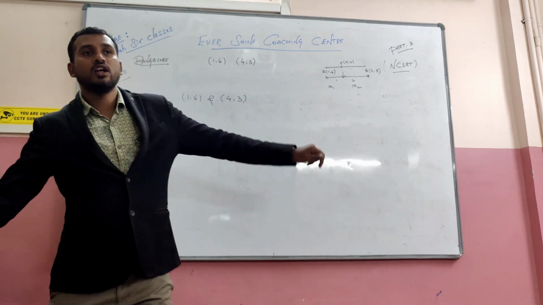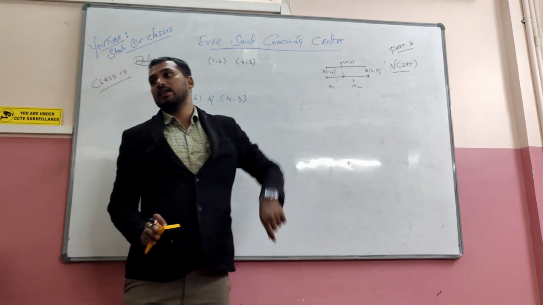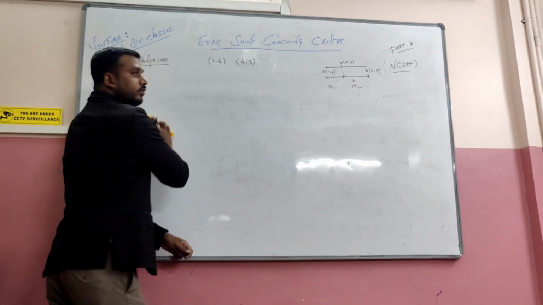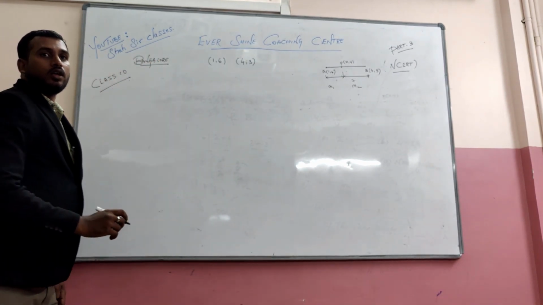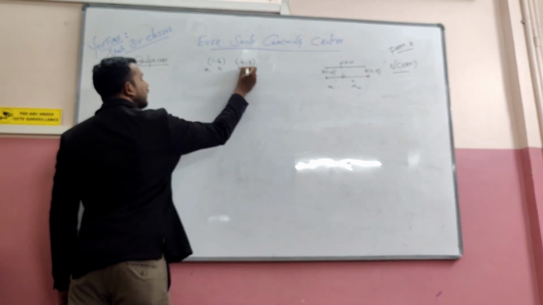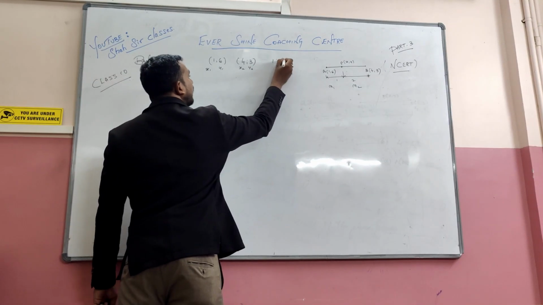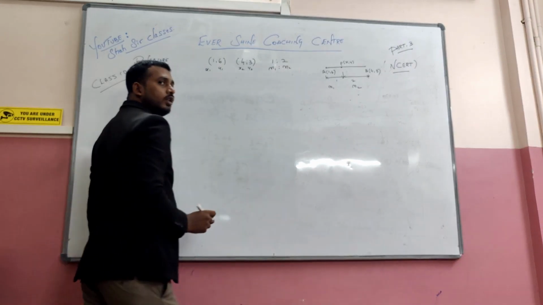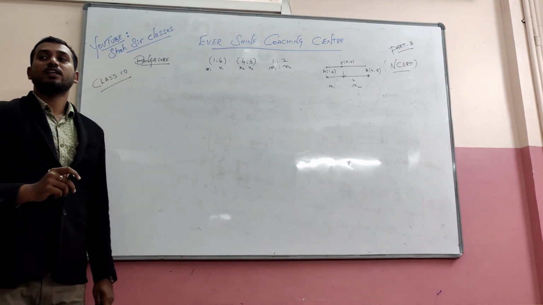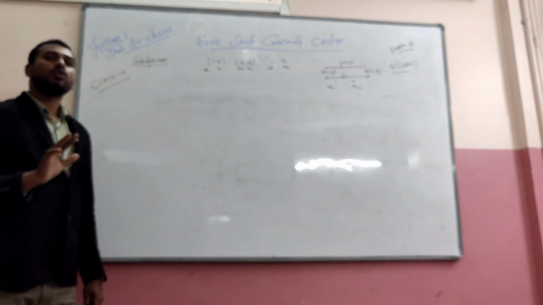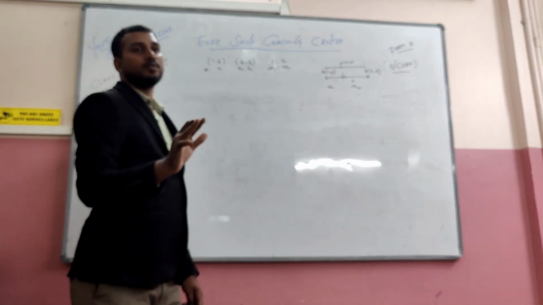Now we have to find the coordinates of the point P. Observe here: x1, y1, x2, y2, and 1:2. That's nothing but m1:m2. Sometimes we also call it m:n. m:n or m1:m2, both are one and the same.